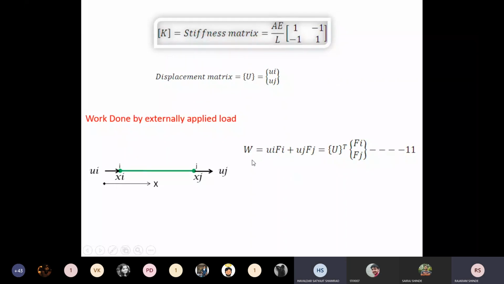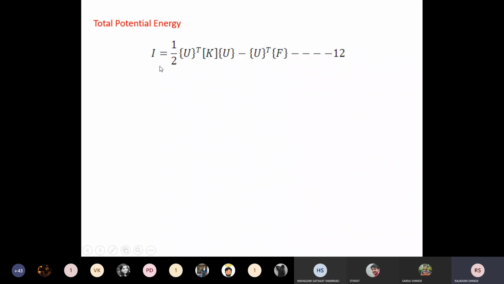Now this is the work done by externally applied load. Now I will write the strain energy equation. This in short I have written work done equation. U transpose into F matrix. Okay, F matrix is your force matrix. Now total potential energy. Total potential energy is, you see this one, Pi is equal to half of U transpose K into U minus U transpose F. Here I have written in short.